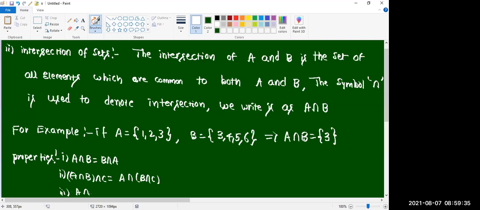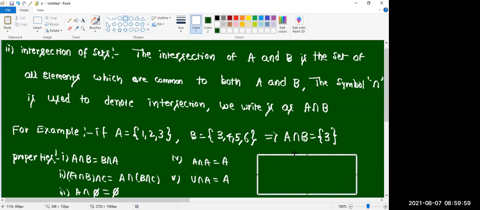A intersection phi equal to phi only. Fourth one is A intersection A equal to A only. Fifth one is U intersection A equal to A only. Venn diagram for this. Intersection means common elements we should take.